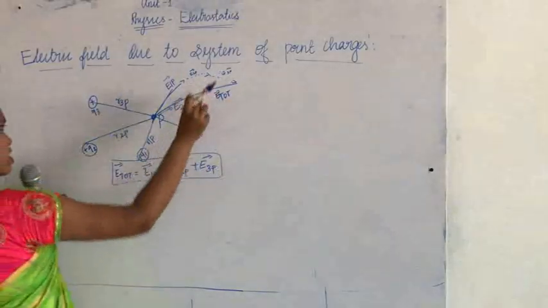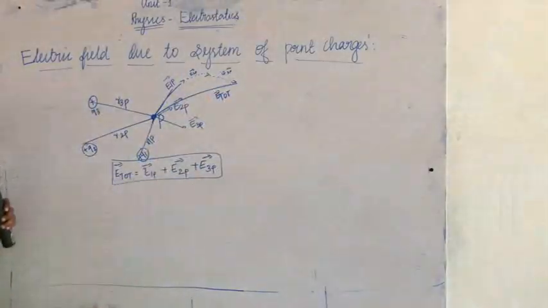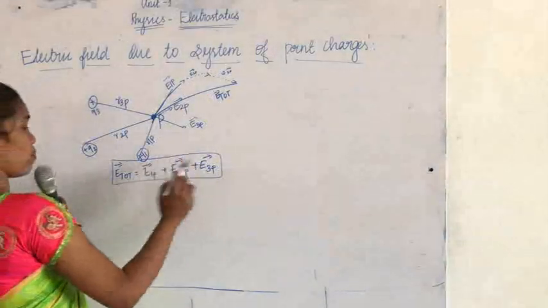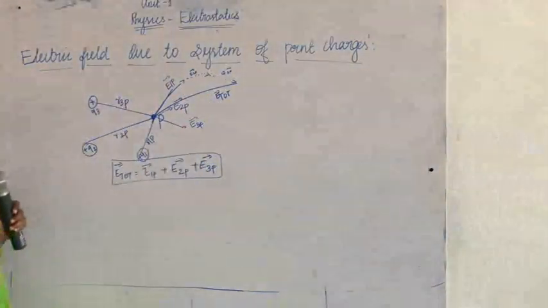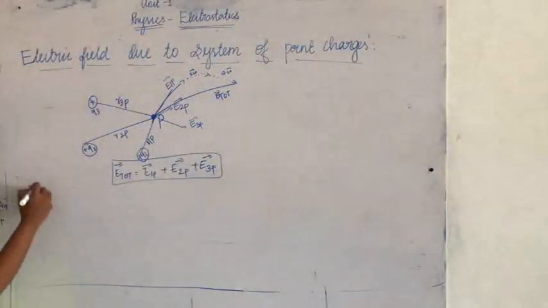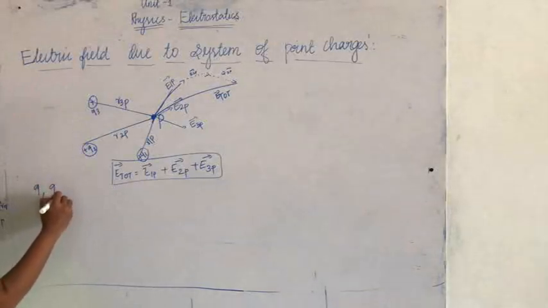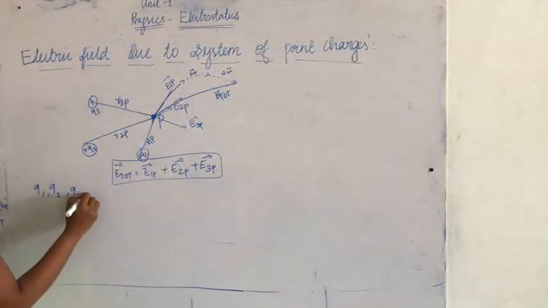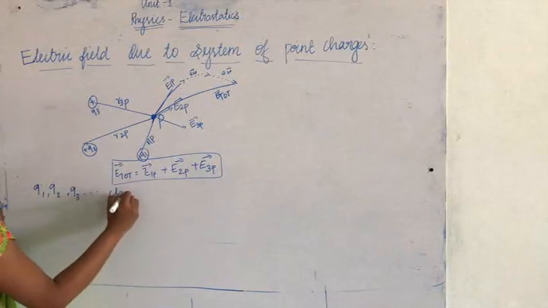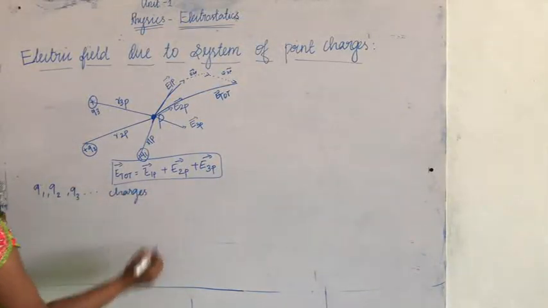We have to find the E total. The formula for E total is the sum of three electric fields. The charges are Q1, Q2, Q3 and so on.